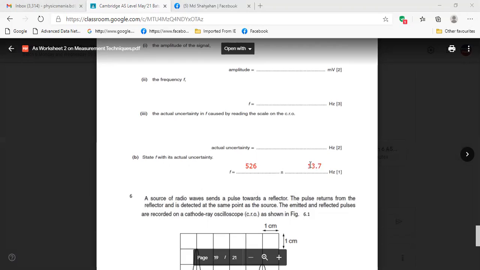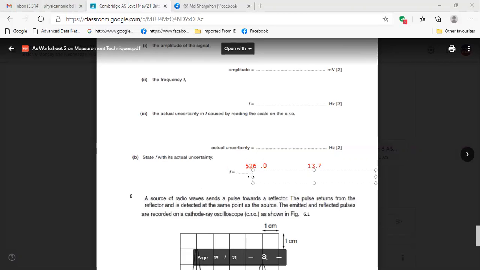But in uncertainty, the norm or the practice is that we have to write the same decimal points. So if you want to make it decimal points, then you have here 526, and after this you don't have anything, then you have to write 526.0. Otherwise you can write 0 here, it will make it okay.